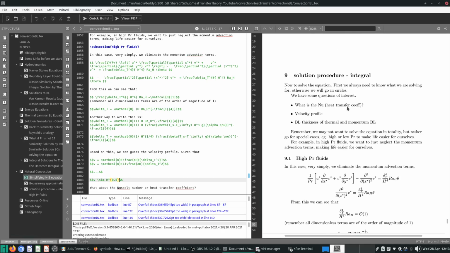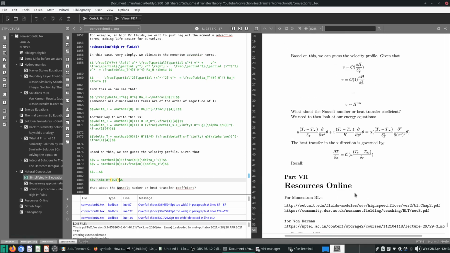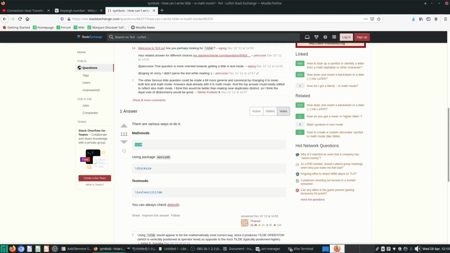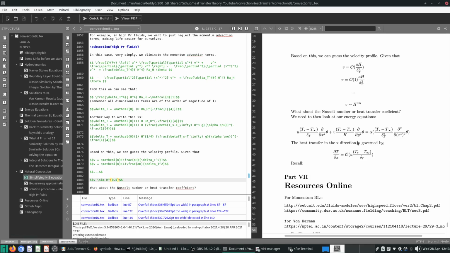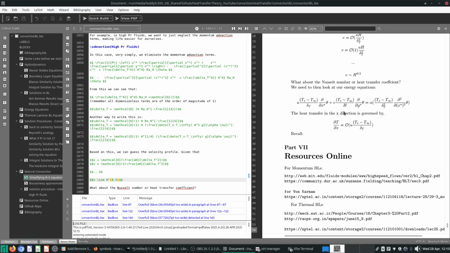And what about the Nusselt number? Okay, we'll have to do a little bit more work. We have to go back to our equations. So how do we actually solve this thing?